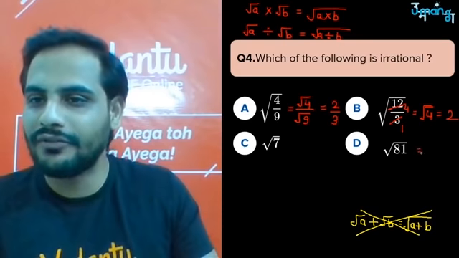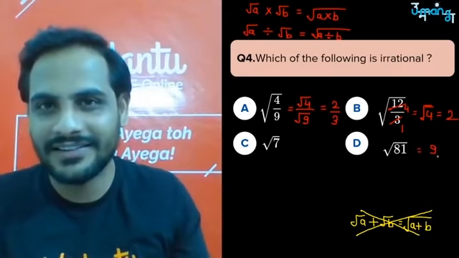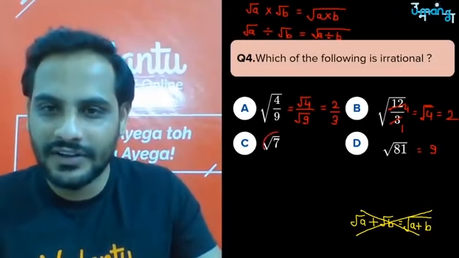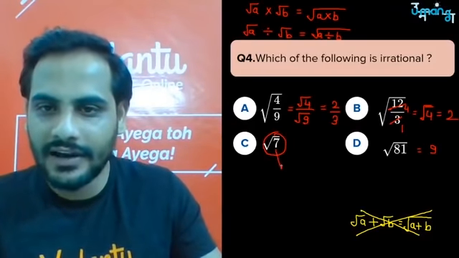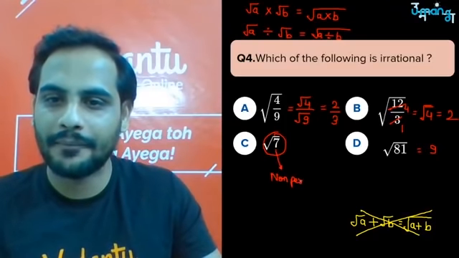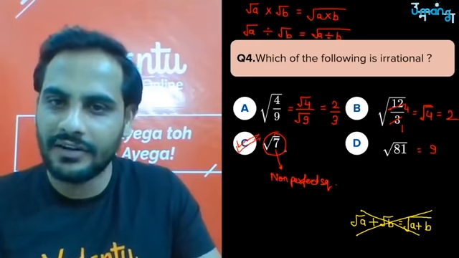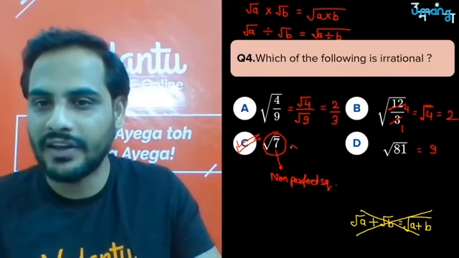Option D, square root of 81 is nothing but 9 because 9 square is 81. Correct? And option C, here you will see inside the square root we have a non-perfect square. 7 is not a perfect square. So option C, that is square root of 7, will be your irrational number.